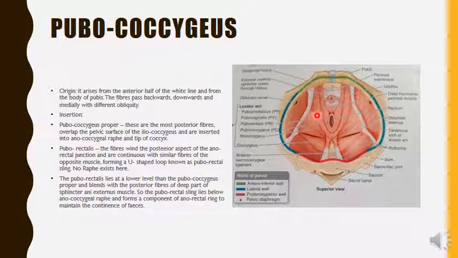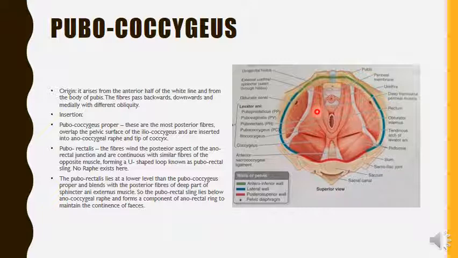These fibers are overlapping the iliococcygeus and are inserted into the anococcygeal raphe. This is the anococcygeal raphe and also the tip of coccyx here. So this part is the pubococcygeus proper, which is nothing but the posterior most fibers of the pubococcygeus.